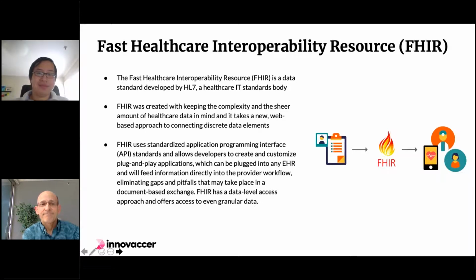Okay, so FHIR is a bit of a mythical, magical, possible solution to a lot of the interoperability issues in the healthcare space. So with FHIR, when you have an application programming interface, there's a number of parts to that API, and one of the most important parts is the data that is transferred between one place and the next.